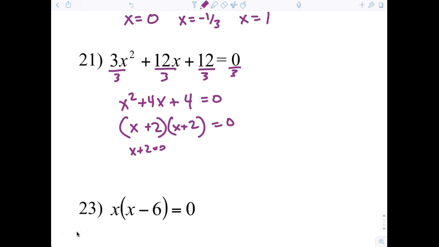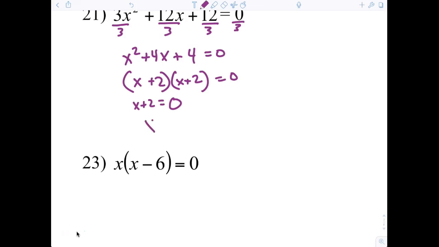Do I have to write x plus 2 equals 0 again? No. The reason I say no is because it's the same thing, correct? So now I want you to come down here and put x equals negative 2. And right next to it, I want you to write this. It's called a double root. Now, why is it called a double root?